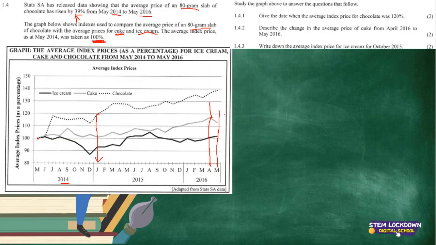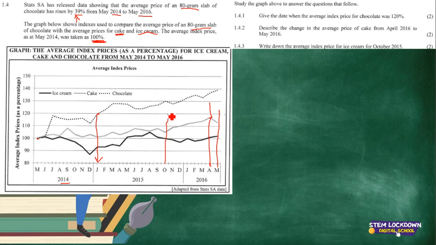Okay, now last one. Write down the average index price for ice cream for October 2015. October is O. So you need to go up.